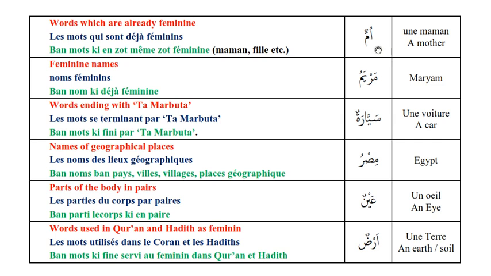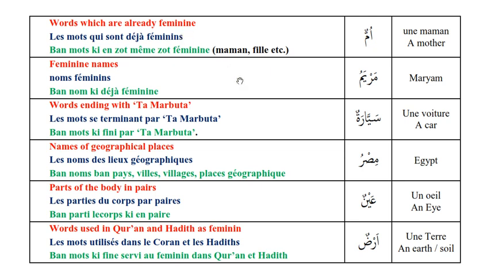If we want to make ummun become definite, we have to add al in front and change the dhammatan to dhamma. So, ummun will become al-ummu. This is the first category of feminine words, that is, words which are already feminine in themselves.